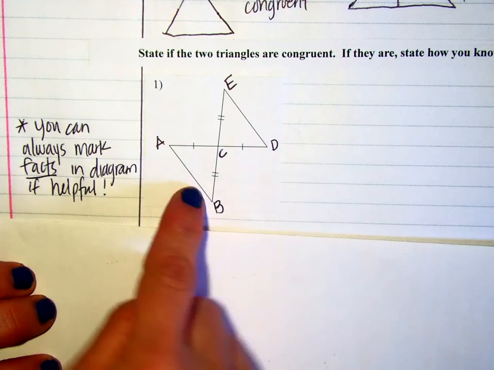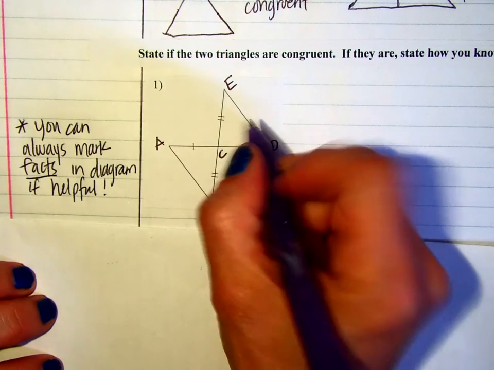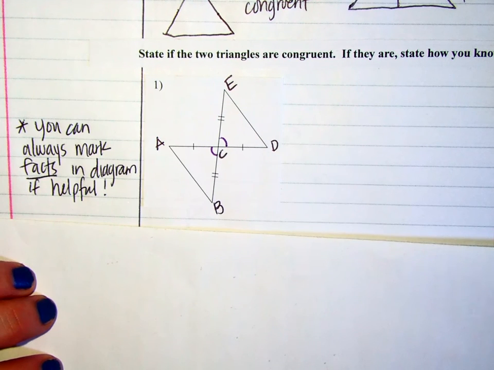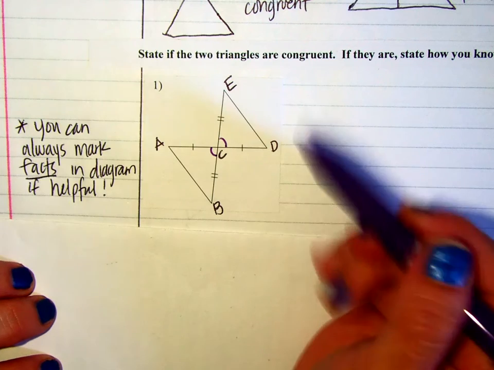And it looks like I do have vertical angles here, so I can mark them congruent because I know that is a fact. I can't go marking other sides though. If it's not given to you, you can't mark it, because right now they're asking you, can you prove that these two triangles are congruent? And if you can, you need to tell us by what postulate. So let's take a look.